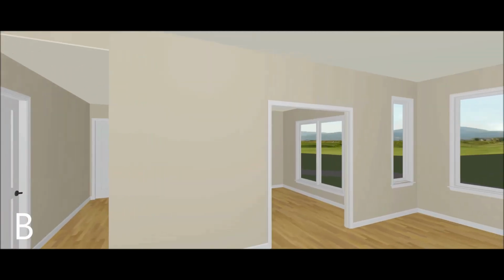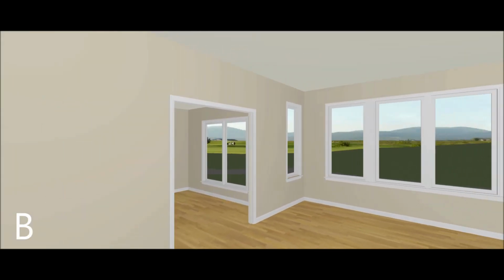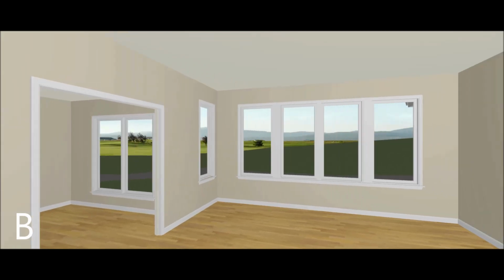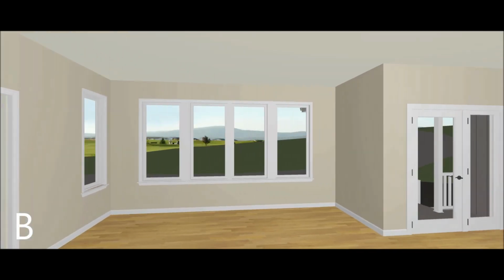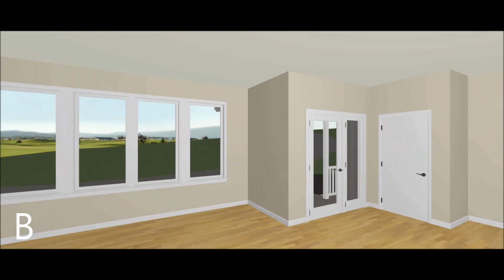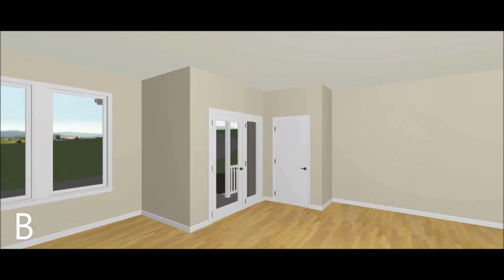And this is B with the 9-foot ceiling flat over the entire area. You can see some things happening with that door to the office and the door to the hallway.